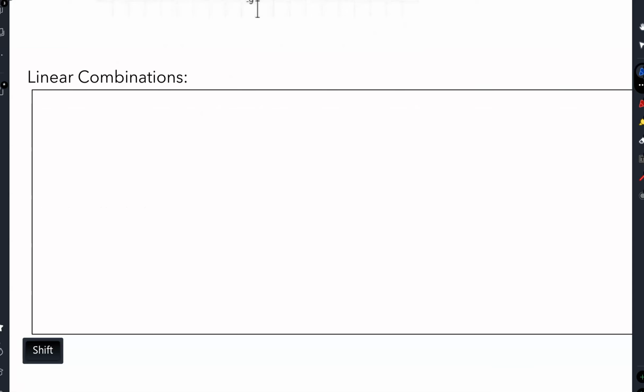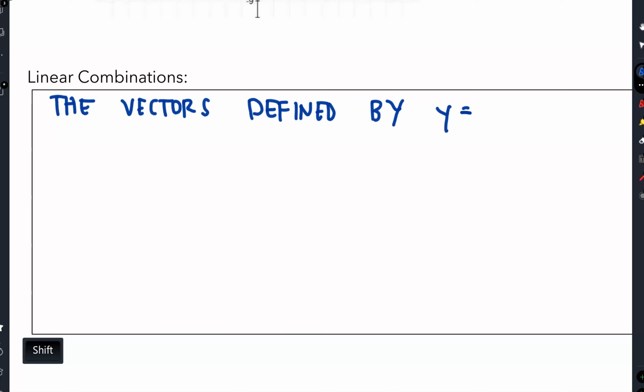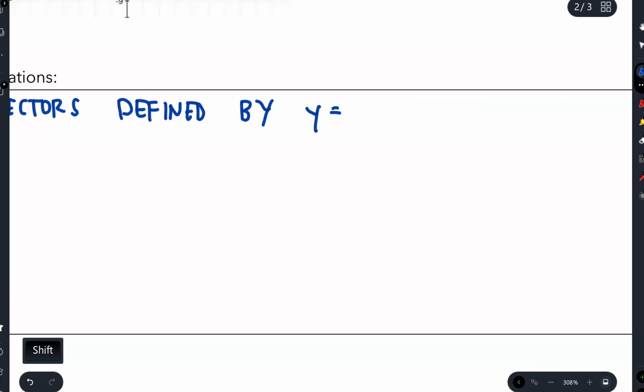Okay. So a linear combination is a vector that's going to be defined by scalars and vectors. We have each vector and a scalar, and it makes a linear combination.